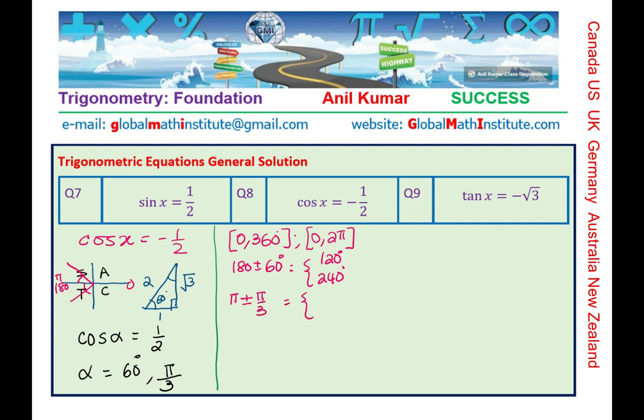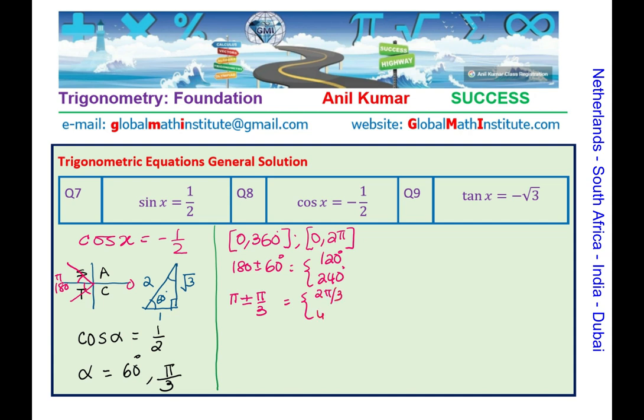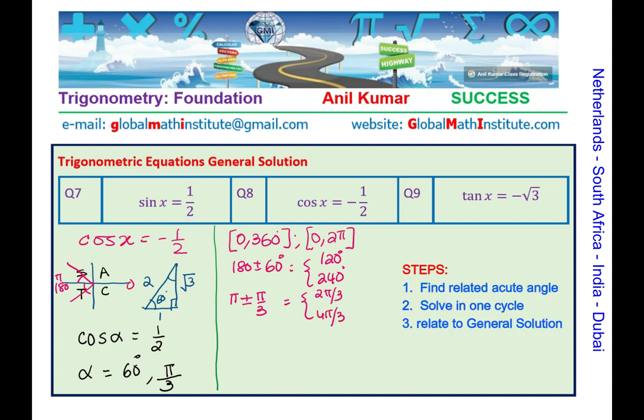And so these two solutions will be 2 pi by 3 and 4 pi by 3. You get the idea. So these are the solutions for cos of x equals to minus half, right? So these are the x values. You get the idea. X value is the angle which we require.